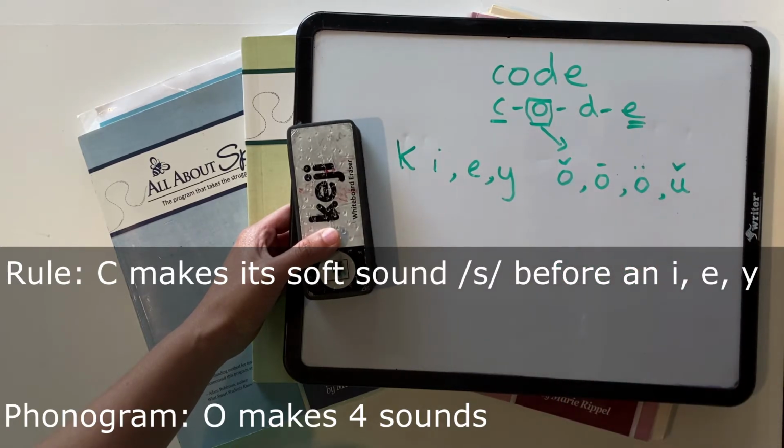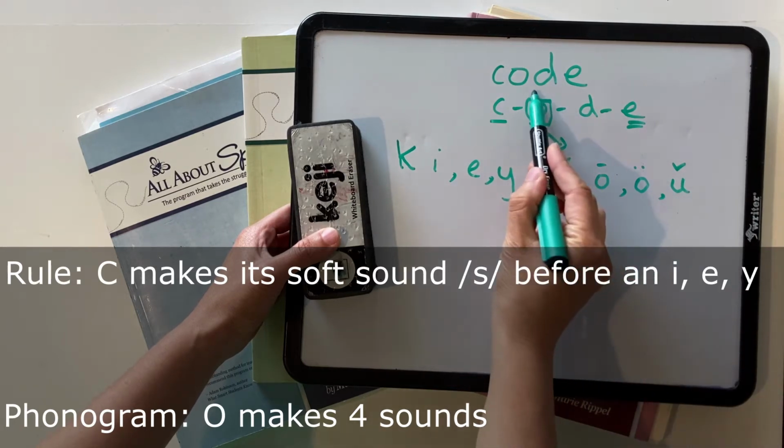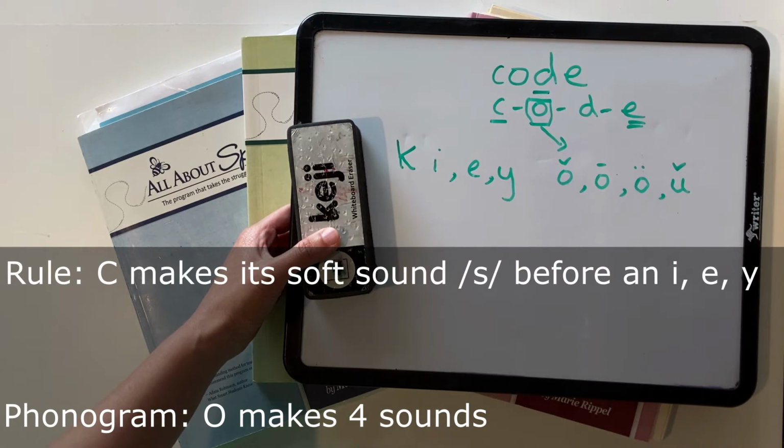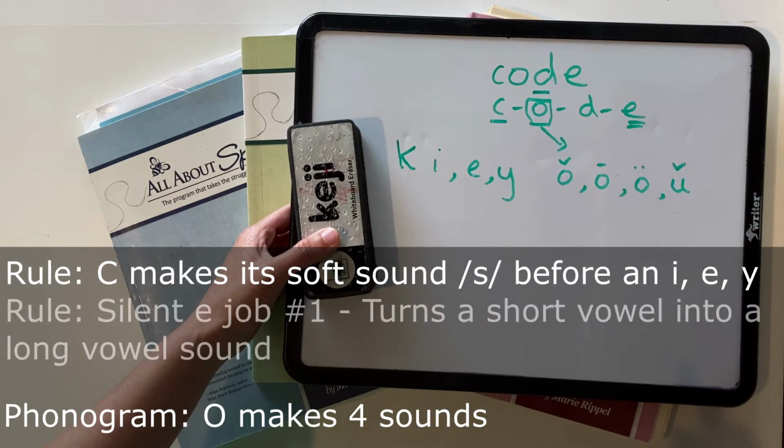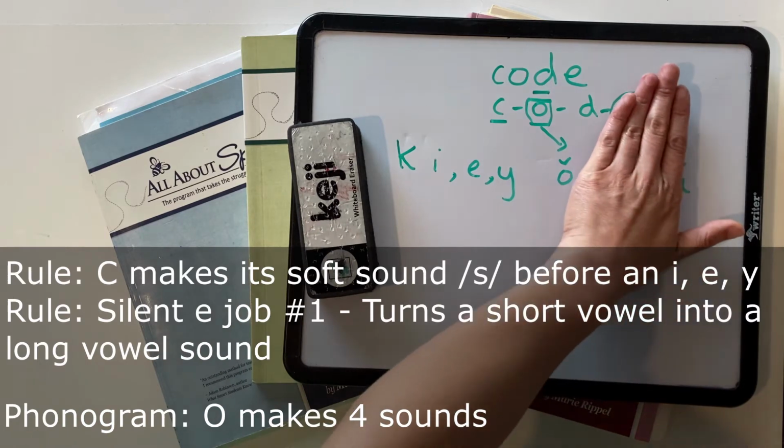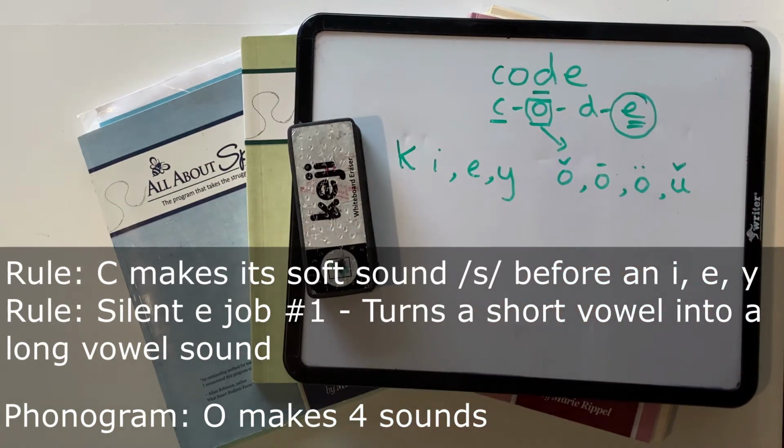In this word code, it is making its second sound, also known as the long sound, O. And why is that? Because it has a silent E at the end, which is doing its first job of turning a short sound into a long sound. Without the E, it would say cod. And by the end of level 3, the student will have learnt all 7 jobs of the silent E.